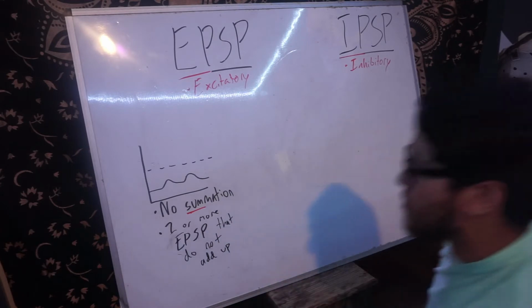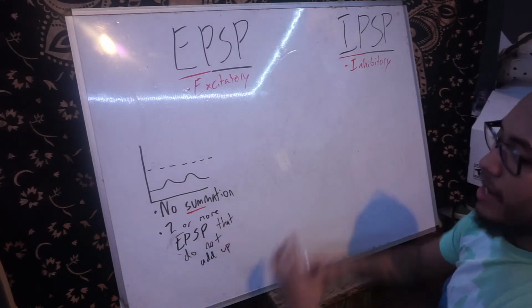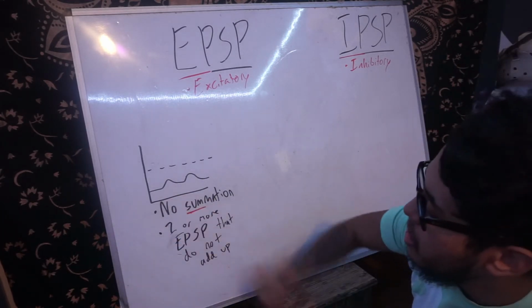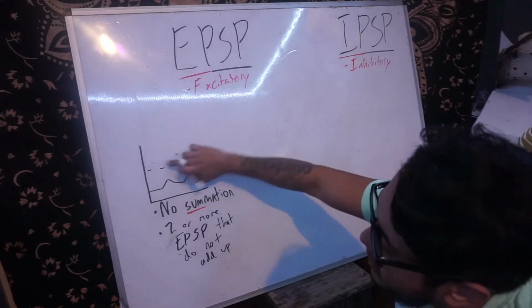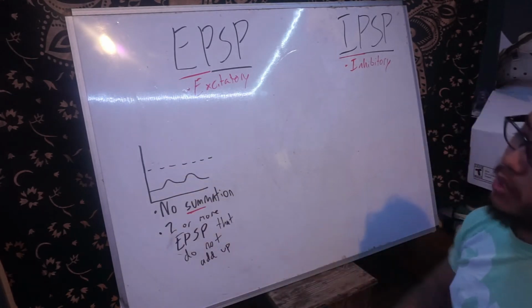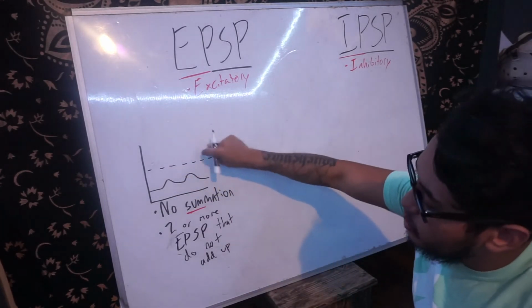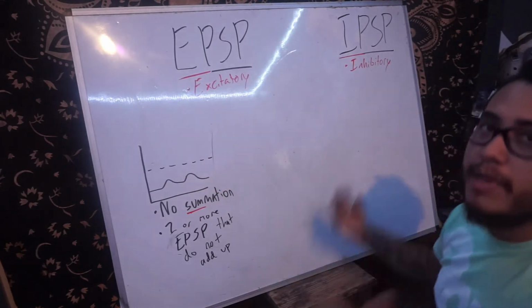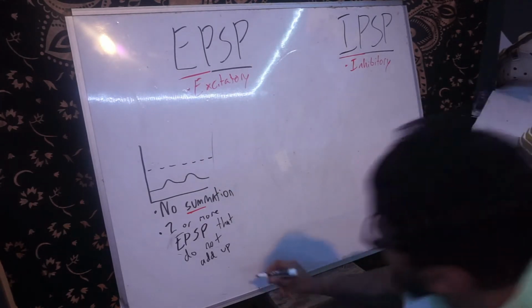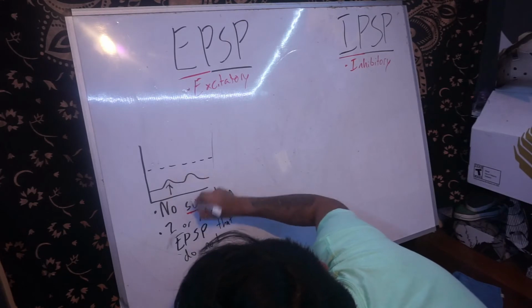So in layman's terms, two or more EPSPs that do not add up. You can see there is one here, another one right here, but they don't go past threshold. If you remember threshold, when it surpasses threshold, it shoots up and you get action potential. So there's a little thing here, a little thing here.